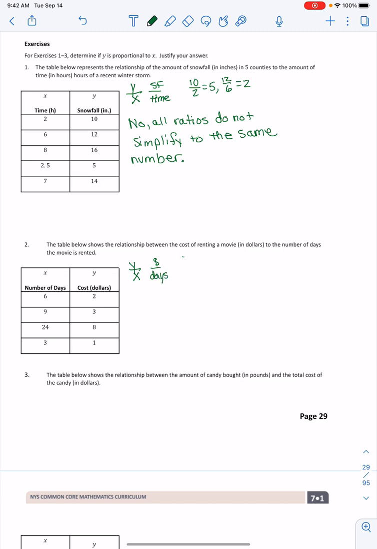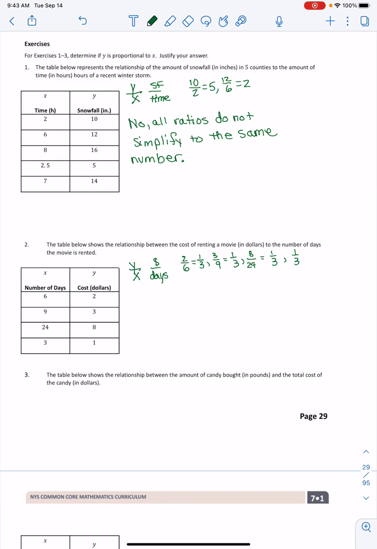So here we have 2 over 6, which simplifies to 1/3. 3 over 9, that simplifies to 1/3. We have 8 over 24, that simplifies to 1/3. And then we have 1/3. So in this case, they all simplify to the same number.